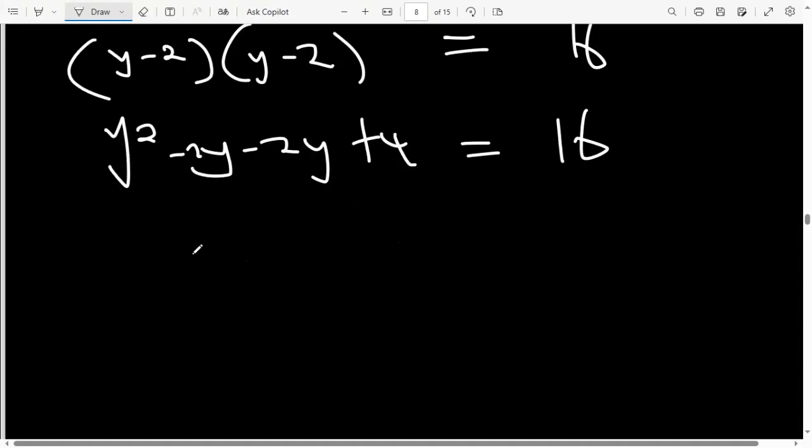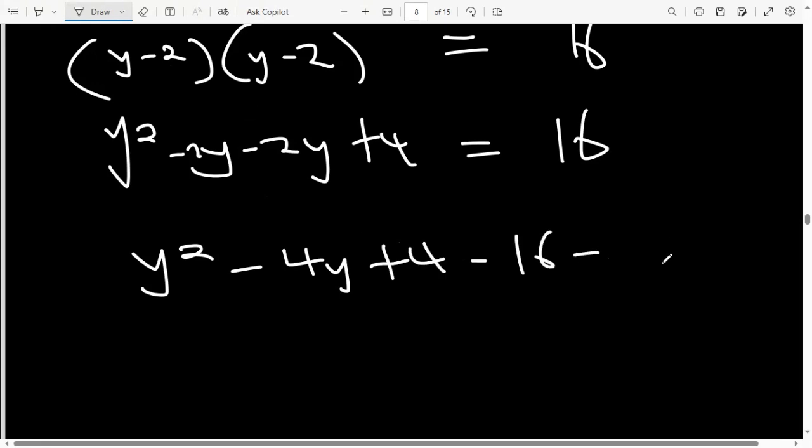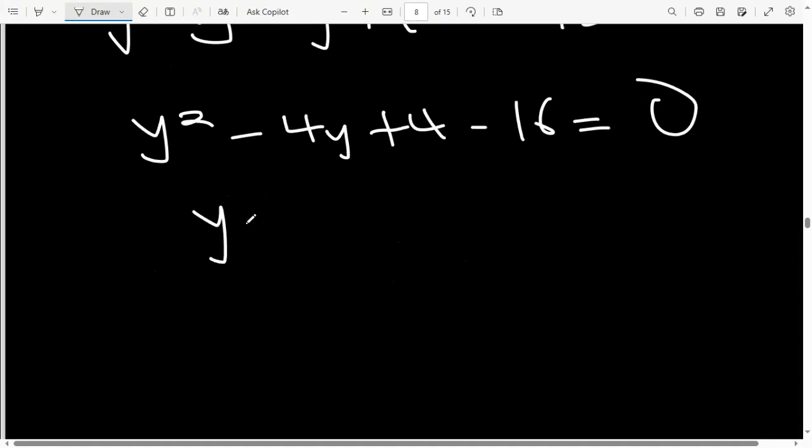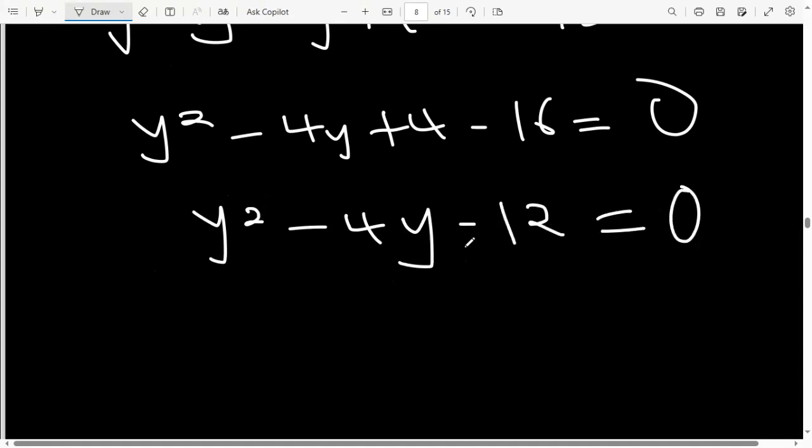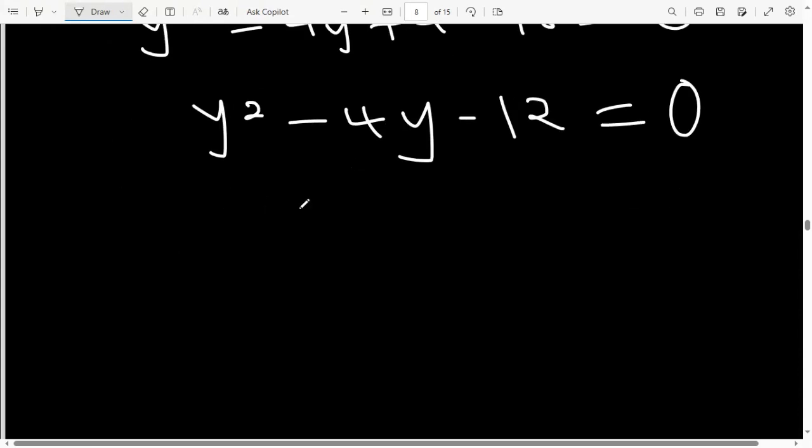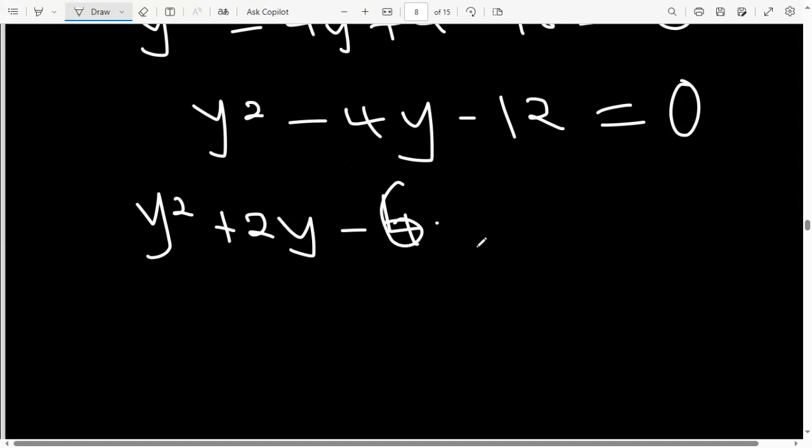So we have y squared minus 4y plus 4 minus 16 is equal to 0, which gives y squared minus 4y minus 12 is equal to 0. The factors here will just be positive 6 and 2, so y squared plus 2y minus 6y minus 12 is equal to 0.